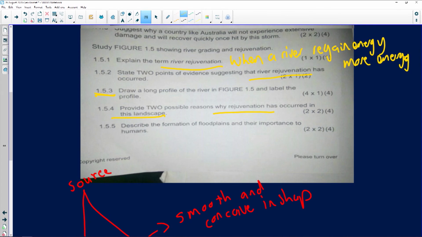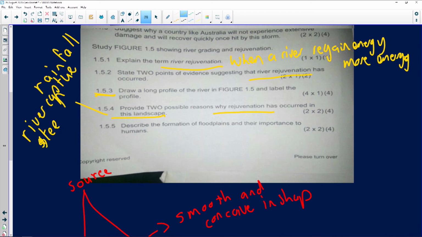So the correct answer for 1.5.4, why rejuvenation has occurred: more rainfall, we can mention that over there. You can say river capture, and isostasy, steepness increased.